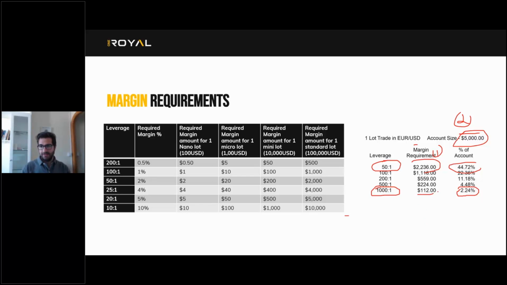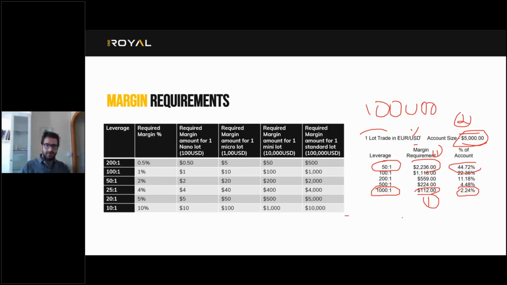Okay, so 112 divided by 5,000, this divided by 2, you will get 2.24%. Okay, so you just need to deposit 2.24%, a fraction of your $5,000 as a guarantee to be able to trade one lot, which is $100,000.